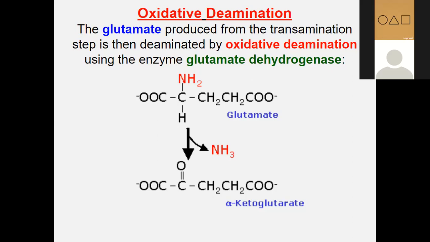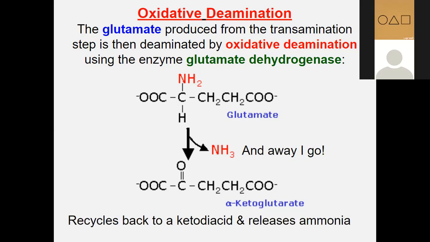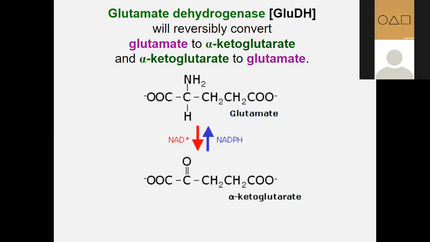So the glutamate produced from the transamination is then deaminated by oxidative deamination using the enzyme glutamate dehydrogenase. So it's recycled back to the ketodiacid and then releases ammonia. So you can again use the ketoglutarate to pick up amino groups from different amino acids.